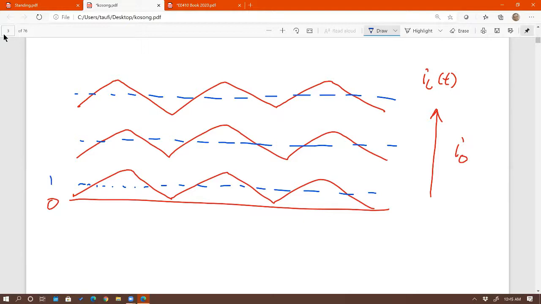So here's IL average, here's IL average, here's IL average, right? You agree with that? Okay, so I'm going to call it IL2, IL3, and this is going to be at I out max. When I put output power at max, that corresponds to I out max, yes? So therefore, the IL average that occurs at I out max must be IL average max.